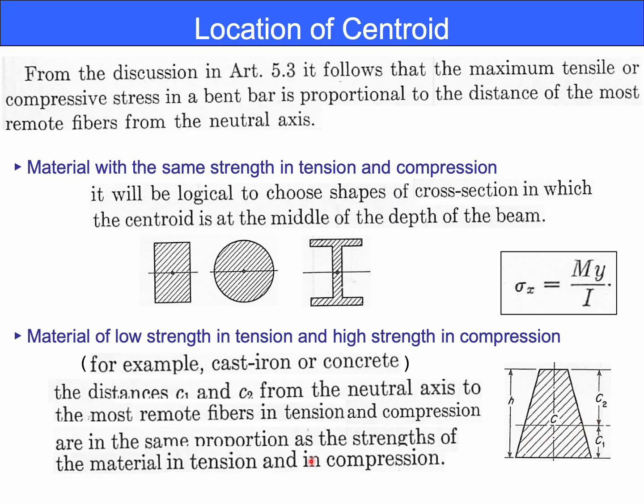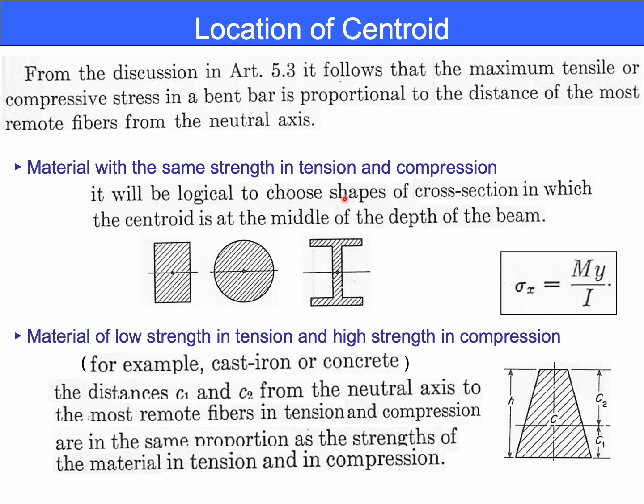If the material is weak in tension, we want the tensile side extreme distance to be smaller so that tensile stress is reduced. Because bending stress scales as sigma proportional to y, reducing the tensile side distance reduces the maximum tensile stress.